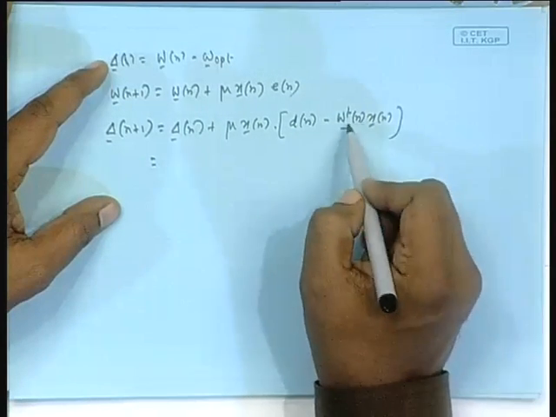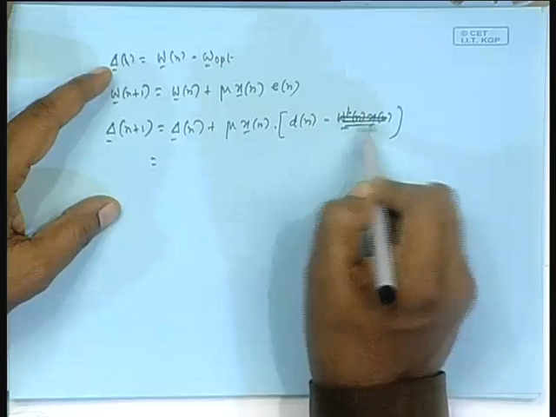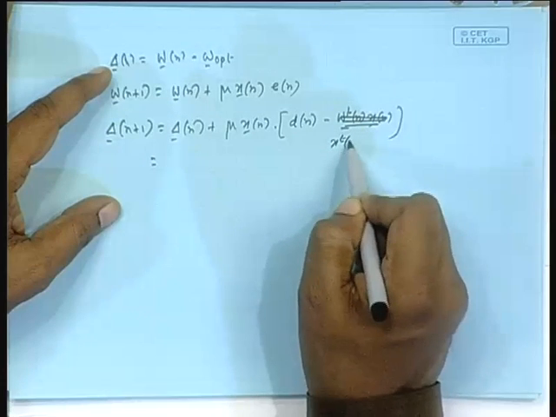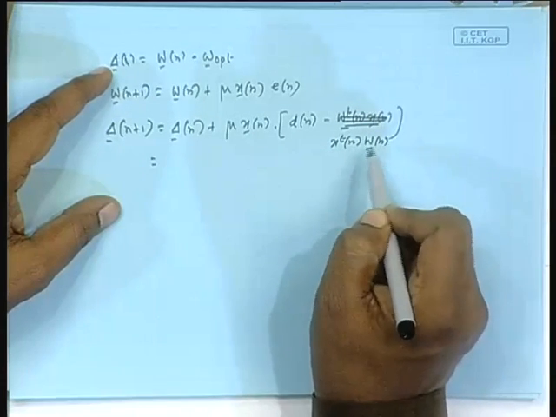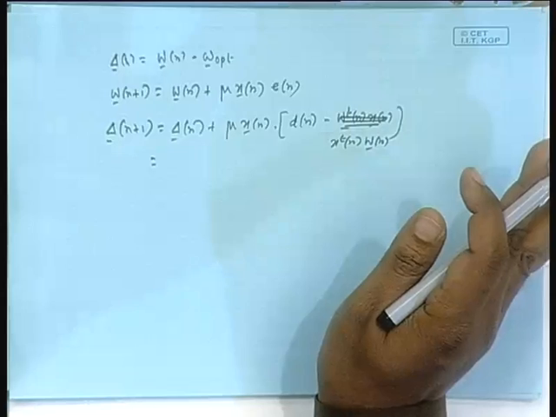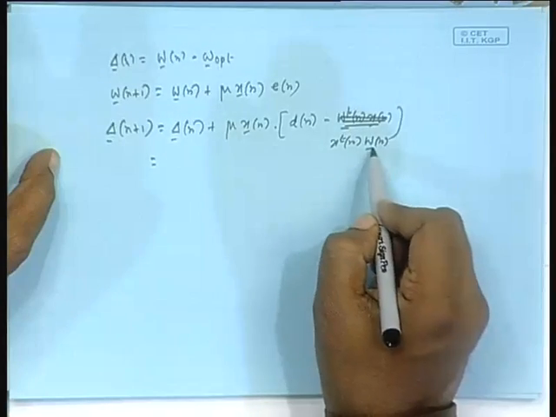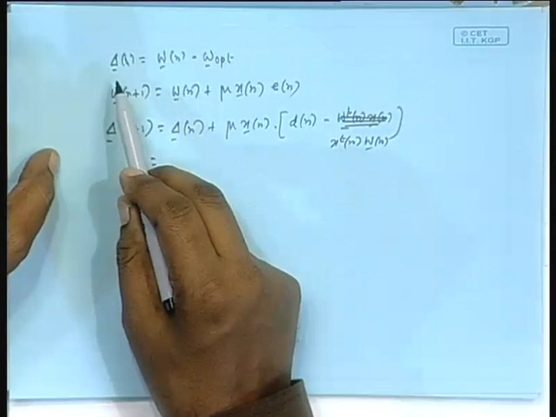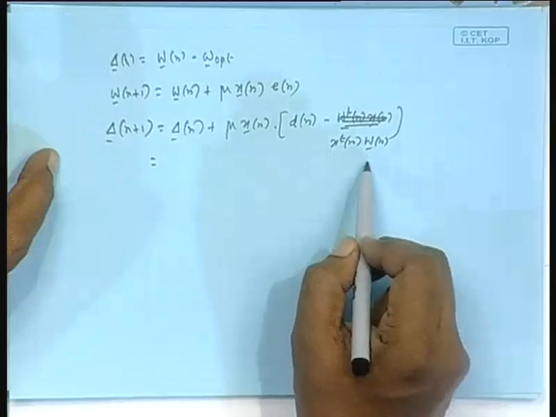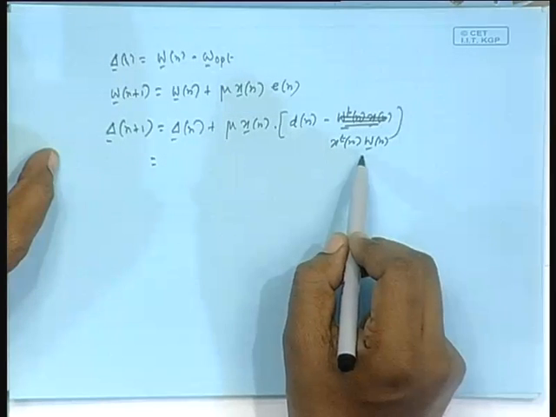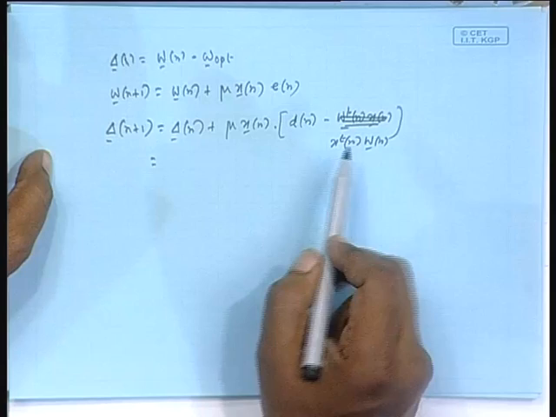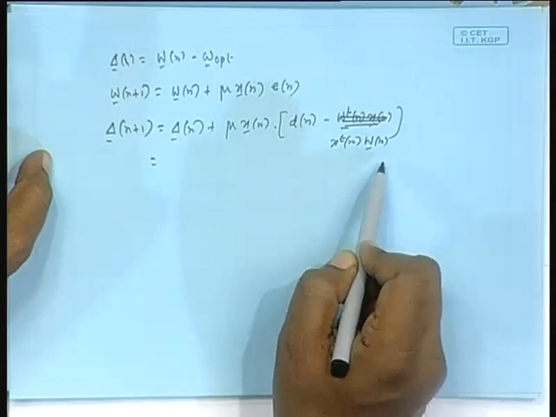Instead of W transpose x n, permit me to write it the other way, x transpose n W n. Both are the same, at least in the real case. So, W n I will replace by W opt plus delta n: d n minus x transpose W opt will be your E o n, and there is another term, x transpose n delta n.